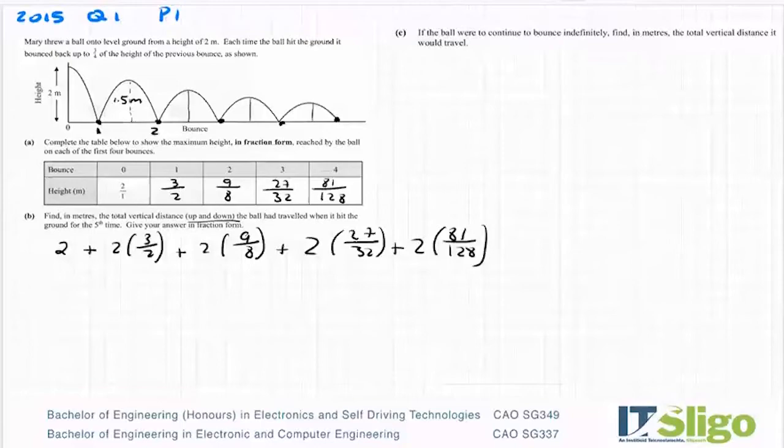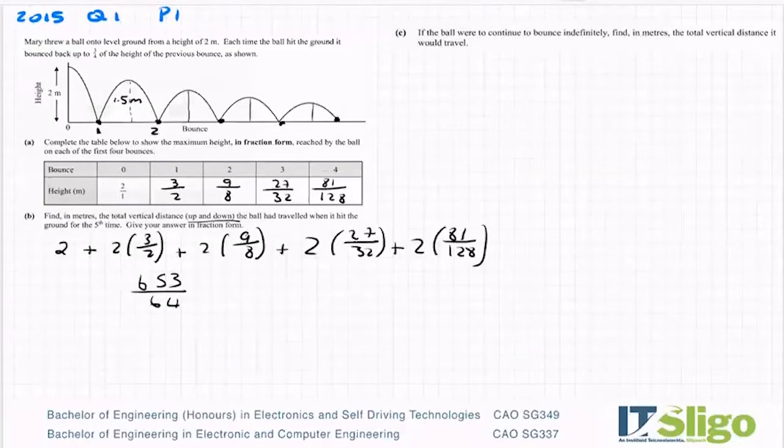So I am getting, give your answer in fraction form, 653/64, if I have put that in right. Okay, so that is the distance that it has gone in 5 bounces.